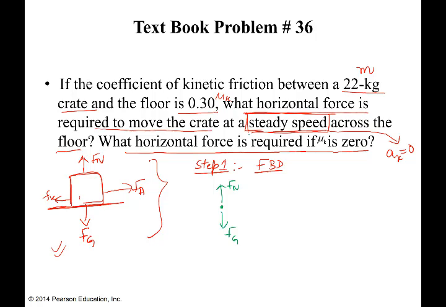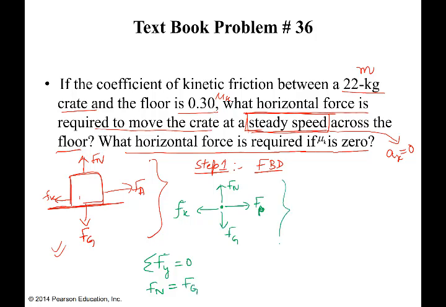There is a force of kinetic friction this way, and there is an applied force, we can say FA or FP for push or pull. Either way is fine. Now we want to find out what is happening in the y direction. The net force in the y direction is 0 because there is no acceleration that way, so Fn must be equal to Fg.